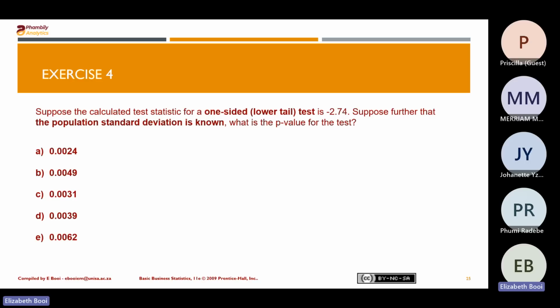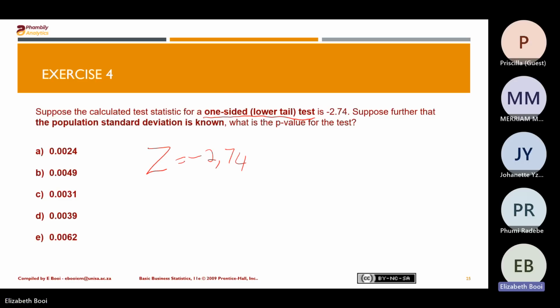So on exercise 4, you can see they're asking you if they have calculated the test statistic. So they would have calculated your Z value and they found that it is negative 2.74. But they also tell you that this is a one-sided test. So you also need to remember those things.